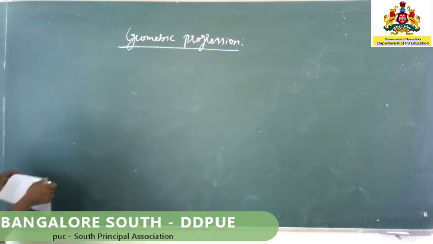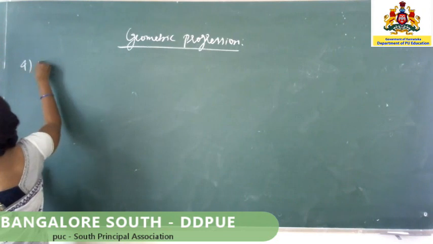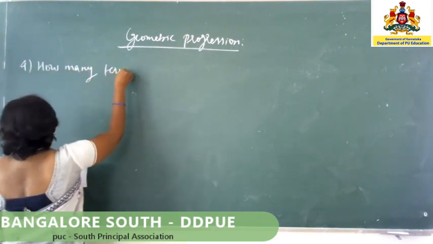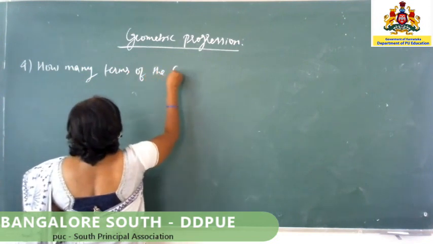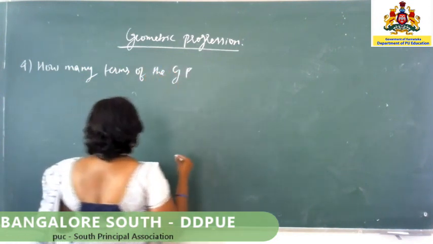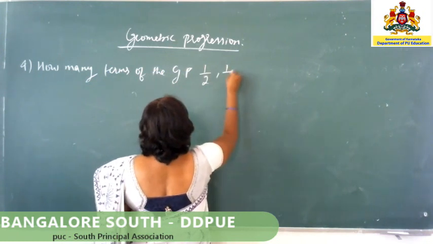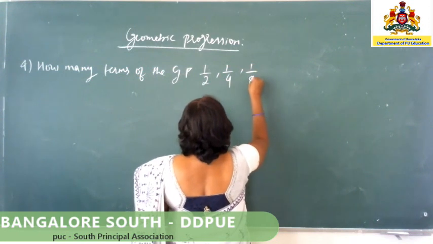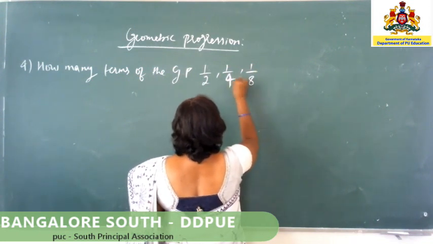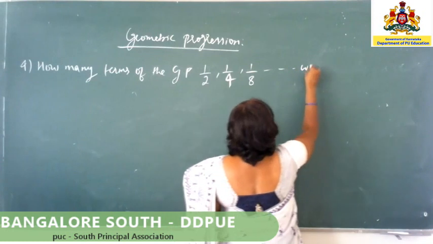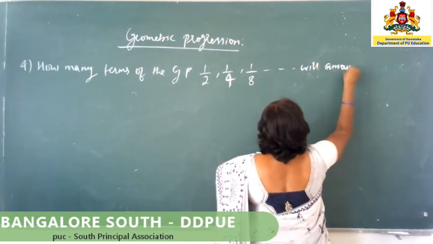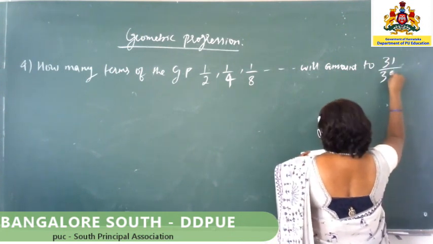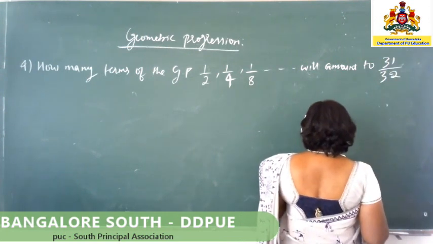Next sum. How many terms of the GP 1 by 2, 1 by 4, 1 by 8, and so on will amount to 31 divided by 32?